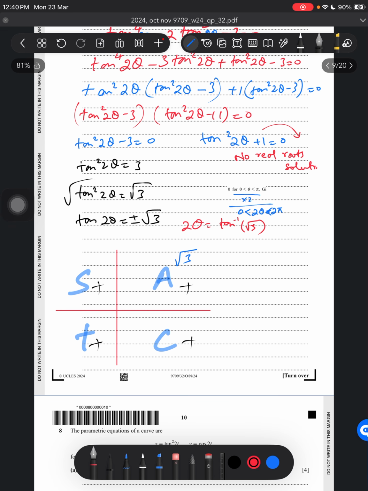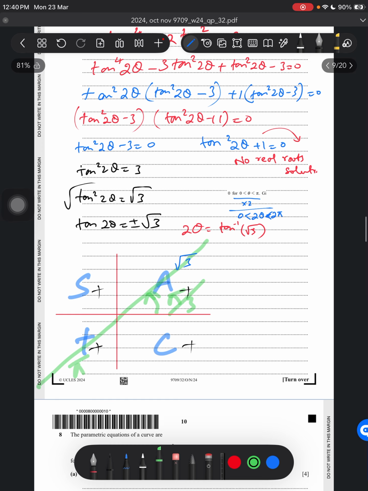We have two quadrants where tan is positive, the first quadrant and the third quadrant. Going anti-clockwise, pi by 3 here and pi by 3 on the other side. That would be the basic angle of this.